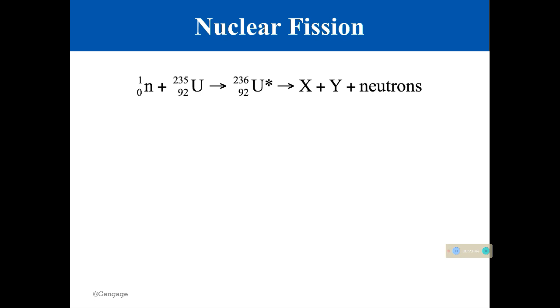The reason that's an X and a Y is because there are a lot of possible options for what it potentially breaks down into, depending on what is easiest to get out of that process. So, for example, here is one possible option: I bombard a neutron into a uranium, and I get barium-141 and krypton-92, along with 3 neutrons.